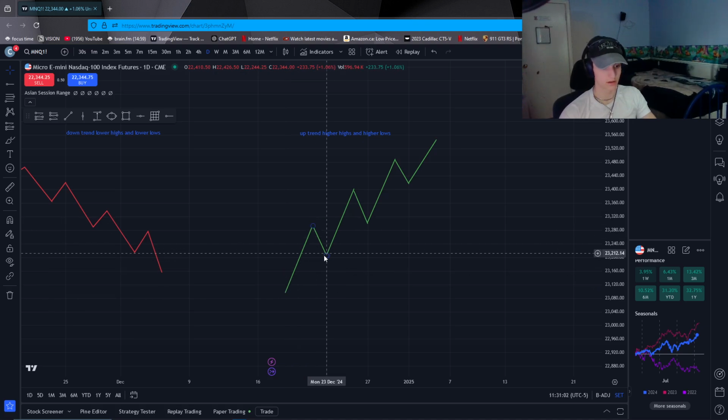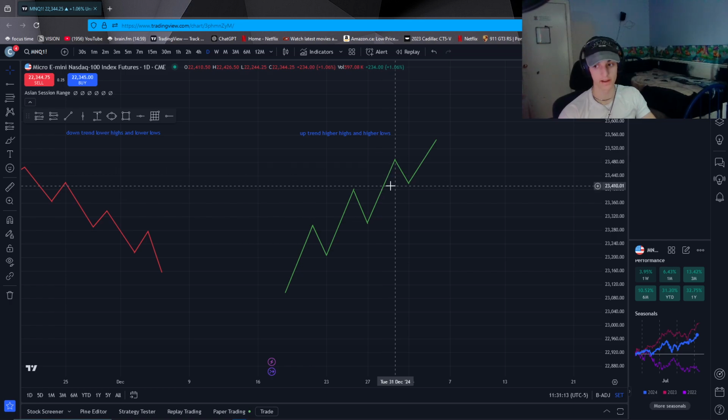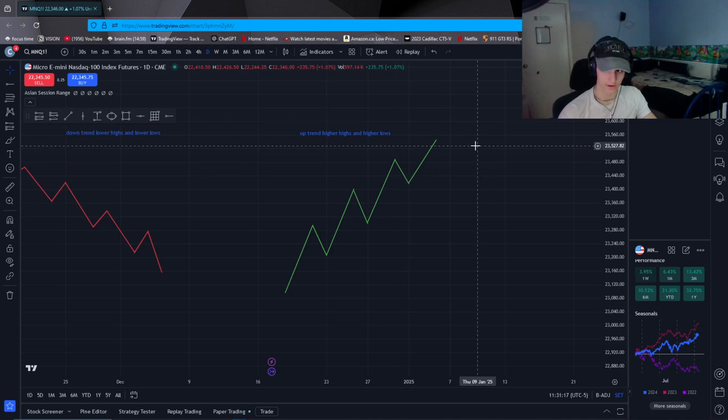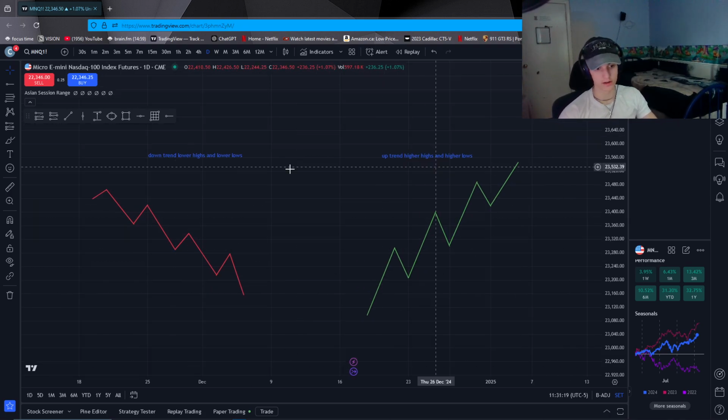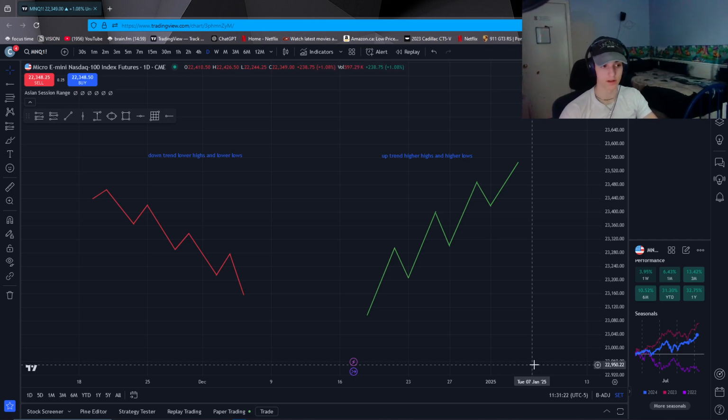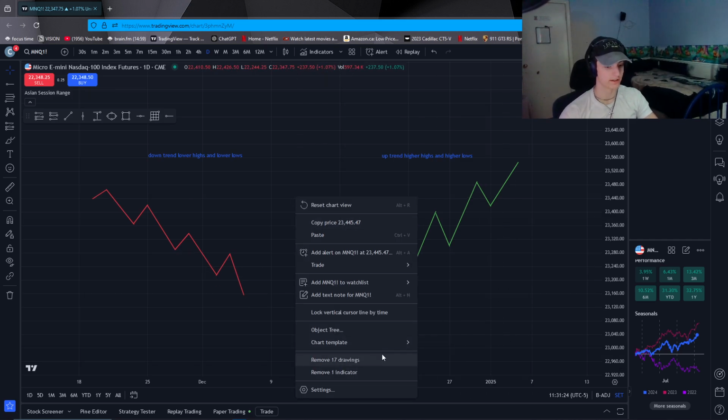So L, H, HL for higher low, and then HH for higher high, HL for higher low, HH for higher high, and HL for higher low, and there you go. That should be drawn in a notebook that you have for learning to day trade.